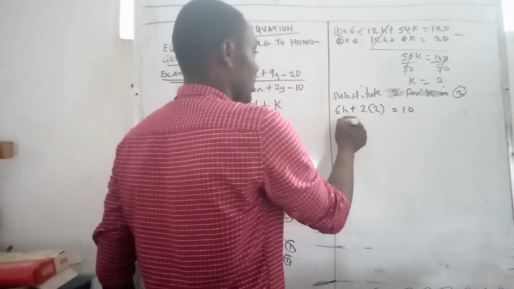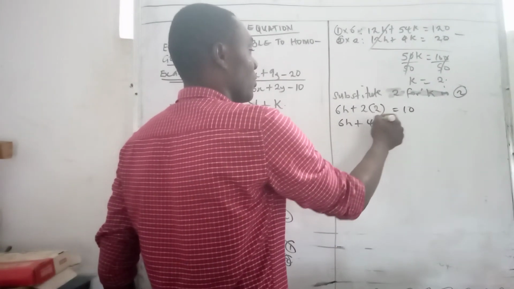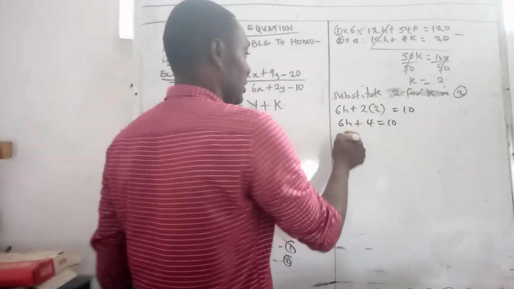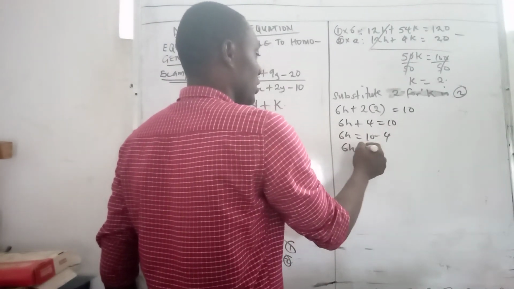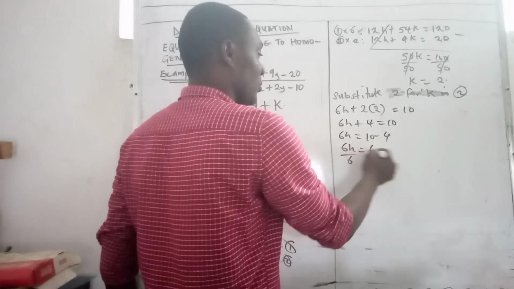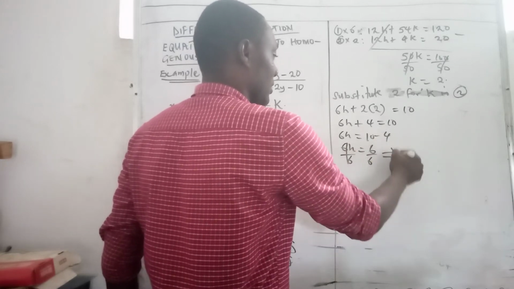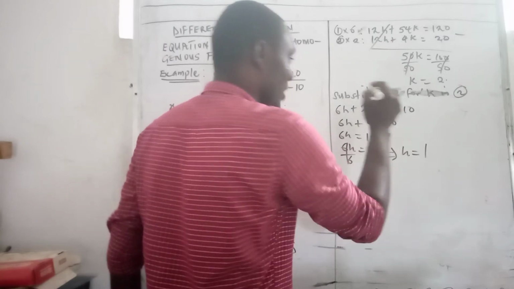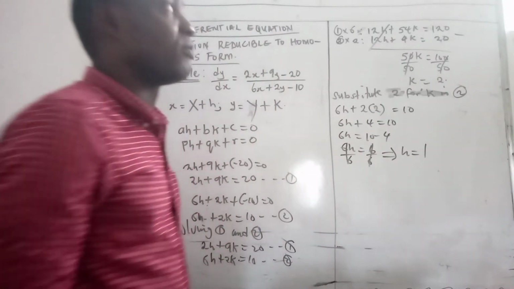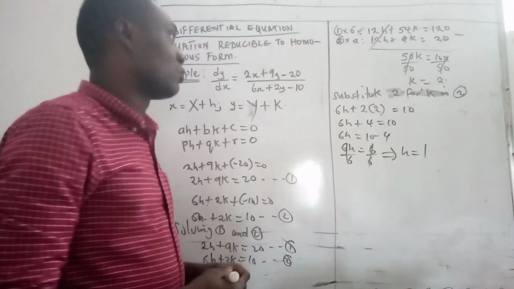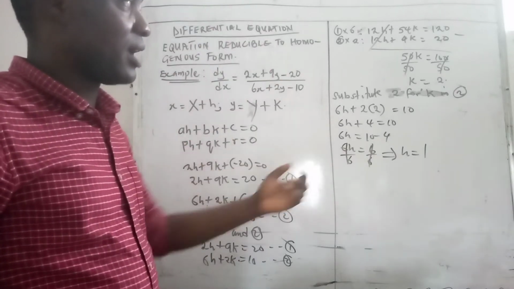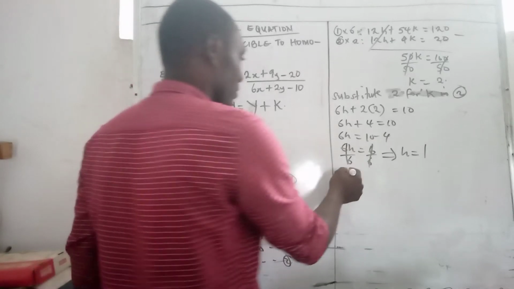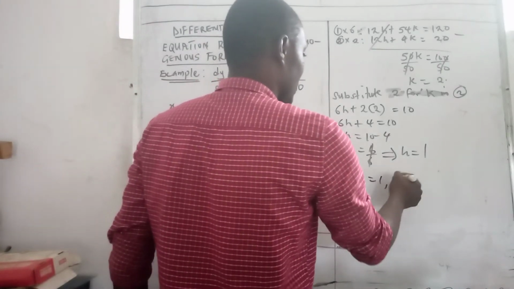So I have 6h plus 4 equals 10, and 6h equals 10 minus 4. 6h is equal to 6. Dividing both sides by 6, h is equal to 1. So we have obtained the values of k and h. Therefore, h is equal to 1, k equals 2.